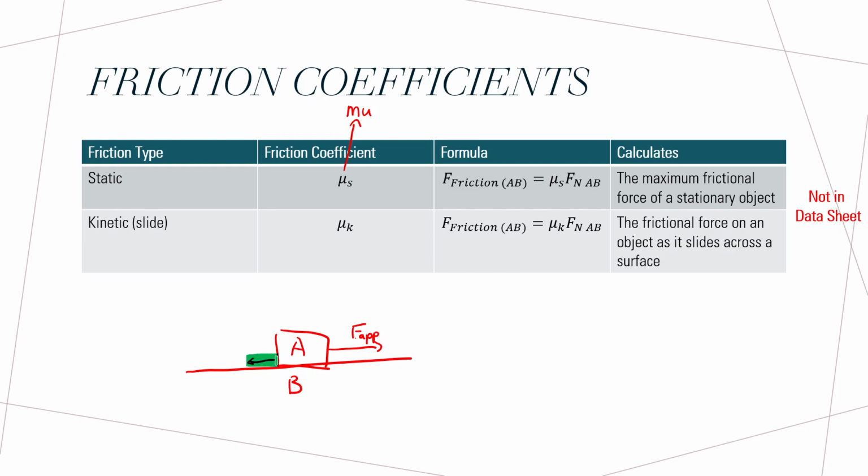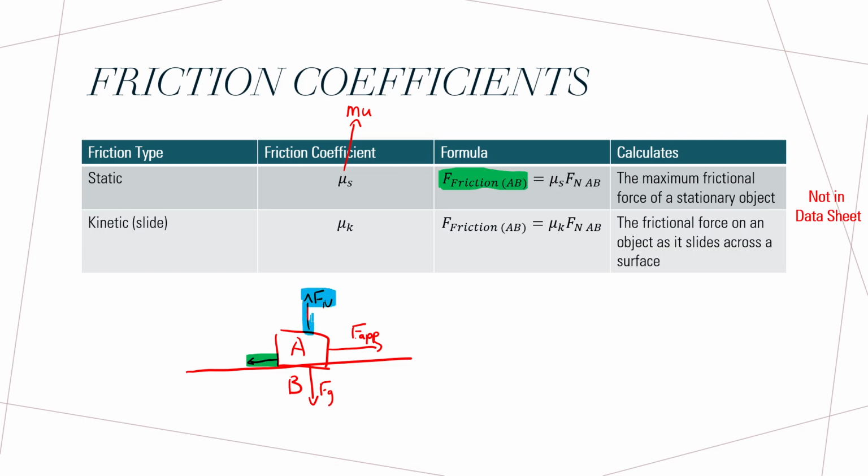And that there would be our friction force that exists between A and B. What we will also have is the normal force and Fg as well, the force due to gravity, and these two forces will be equal and opposite to each other.